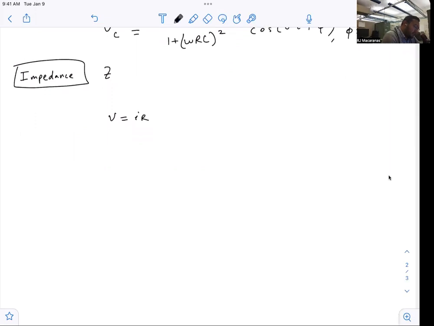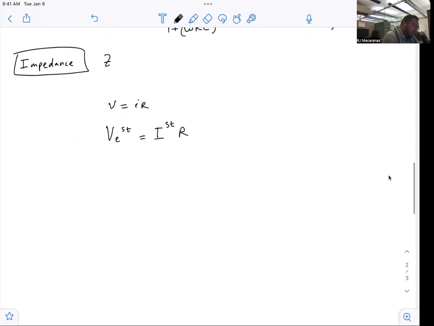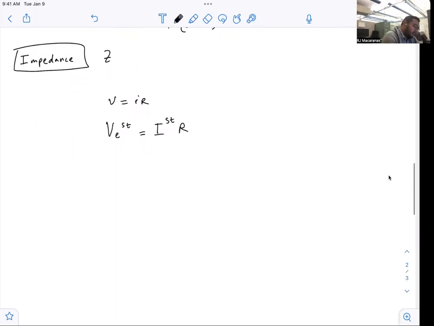So we look at the sinusoidal current and voltage, and we replace V and I by multiplying through by e to the st. Then that just gives us V is equal to IR, which means the impedance of a resistor is just given by R.